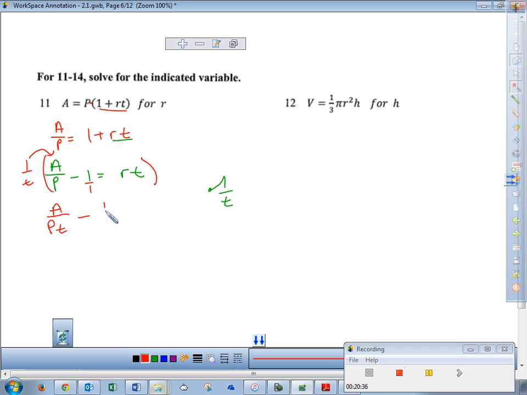Numerator times numerator, 1. Denominator times denominator, t. When you take this times that, isn't the whole reason why we are multiplying by 1 over t to get rid of the times t? This has a times t with it. We're multiplying it by a divide by t. That just turns out to be r all by itself.